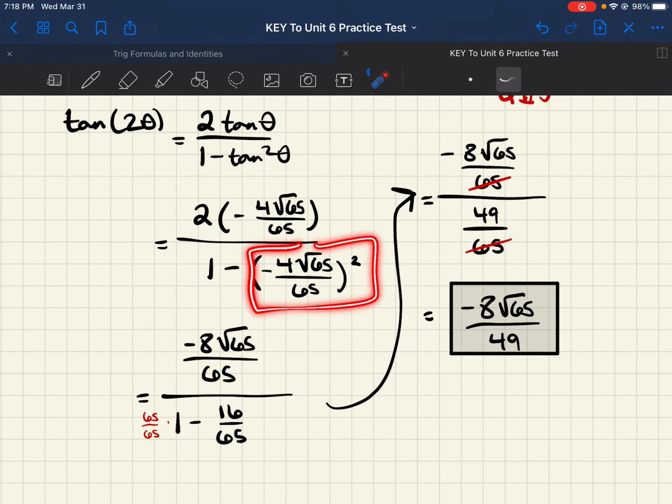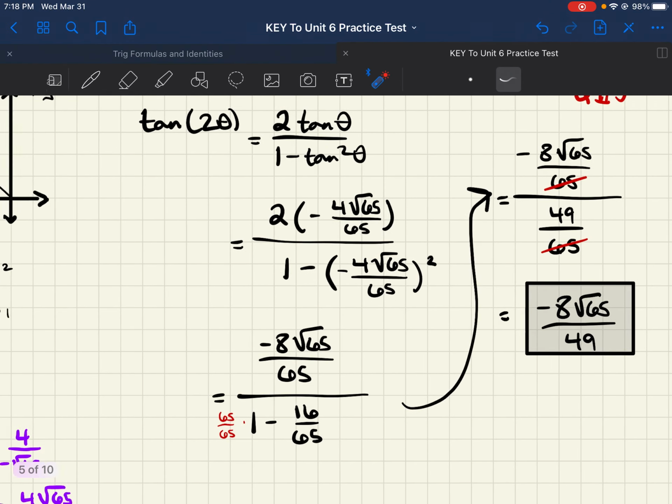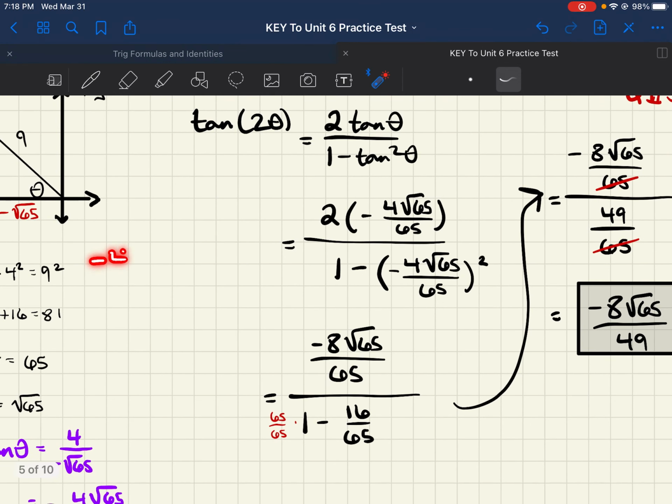And then this little piece, which looks a little intimidating, really isn't all that bad. We're taking this negative 4 root 65 over 65, and we're multiplying it times itself. Okay, we're multiplying this thing by itself. And if we think about that here, negative 4 times negative 4, that's 16.